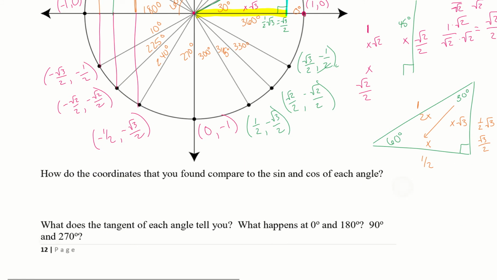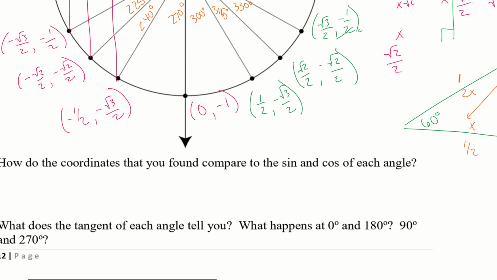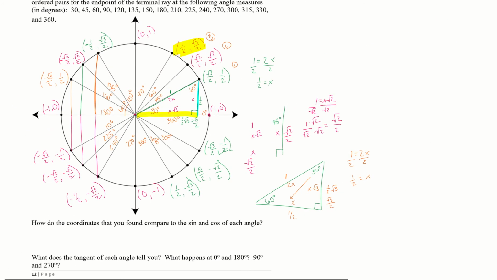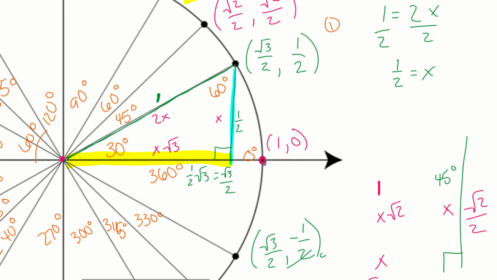All right, so how do the coordinates that you found compare to sine and cosine of each angle? So let's go ahead and take one of these triangles I drew since I erased the 45. Actually, let's go ahead and do the 30, 60, 90 since it is on the circle. The triangle's on the circle.